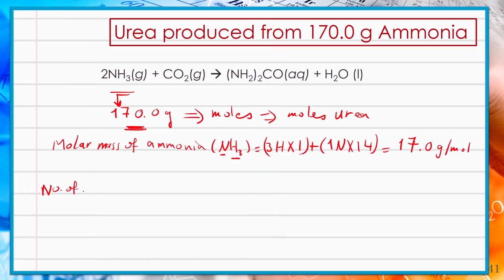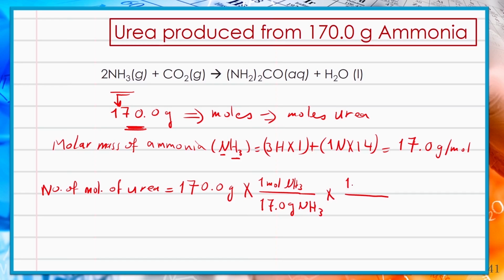So the number of moles of urea produced when 170 grams of ammonia are used is equal to 170 grams of ammonia multiplied by 1 mole of ammonia per 17 grams of ammonia, multiplied by 1 mole of urea produced when 2 moles of ammonia are used, equal to 5 moles.